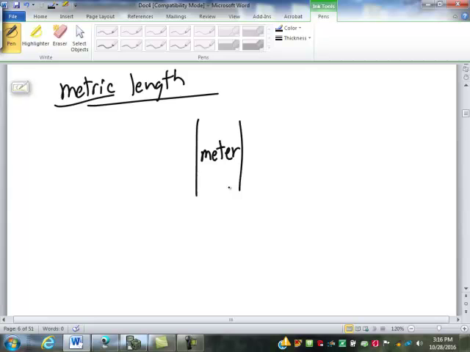A meter, unfortunately, is a yard. Our English yard is 36 inches. A meter is like 39.37 inches. It's bigger than our yard. It would have been really convenient if the meter was equal to a yard. Well, they thought about that.